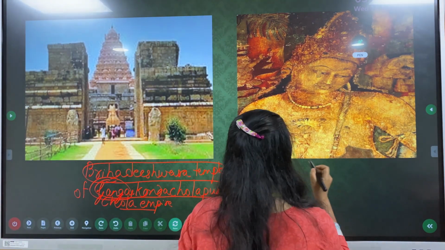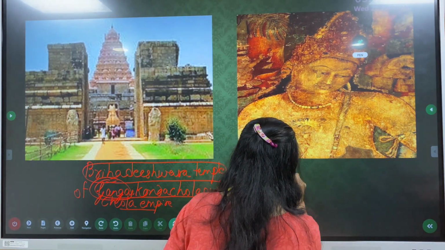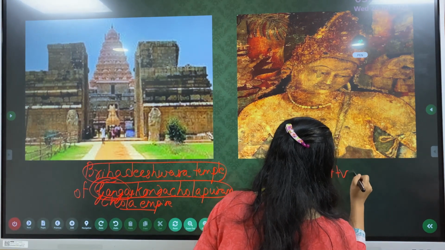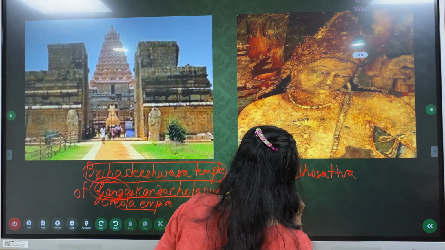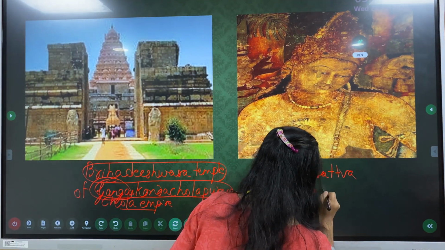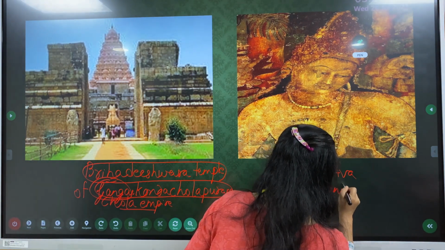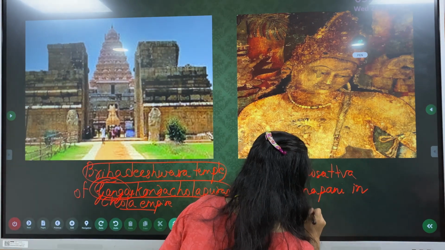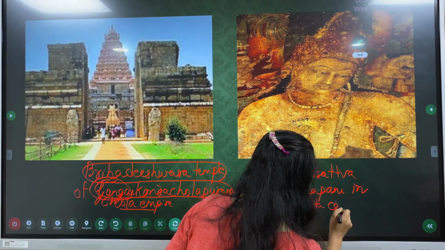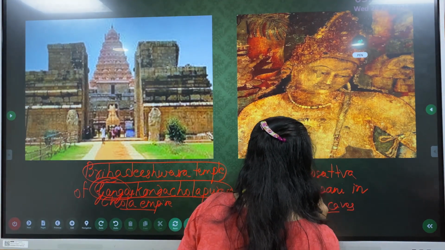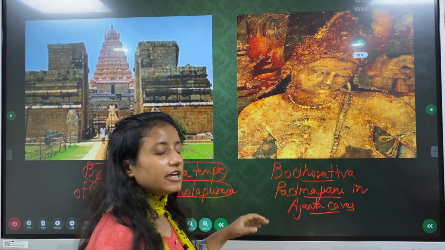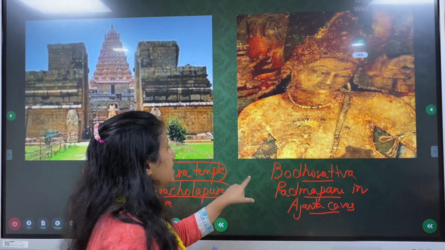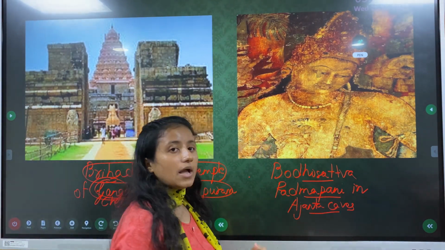Another one. This is the painting of Bodhisattva Padmapani in Ajanta caves. If we just look at this painting, we will not have any other information. Okay, this painting is of Buddhism.